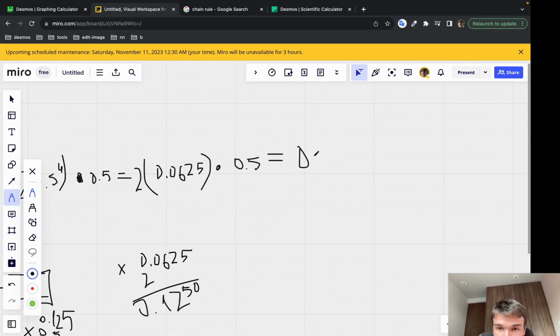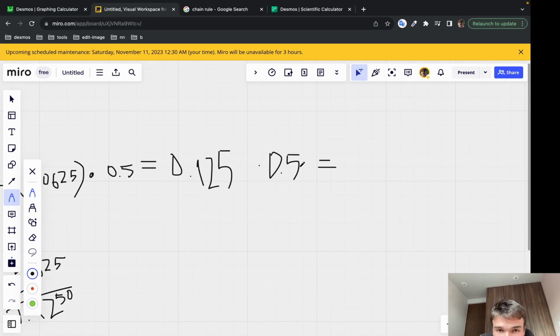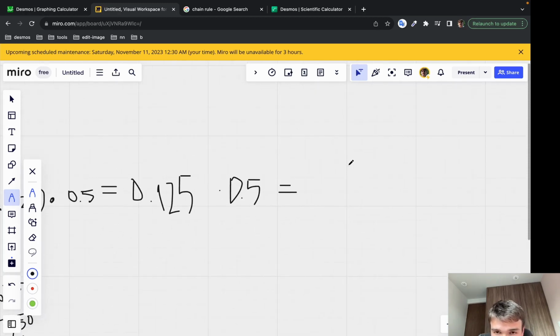So now 0.125 is going to be multiplied by 0.5, and let's make it simple, we can calculate it as 125 multiplied by 5. So 5 multiplied by 100 is 500, and then 25 by 5 is 125. So 500 plus 125 is going to result in 625.